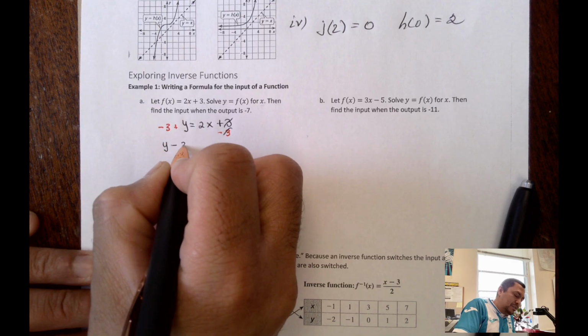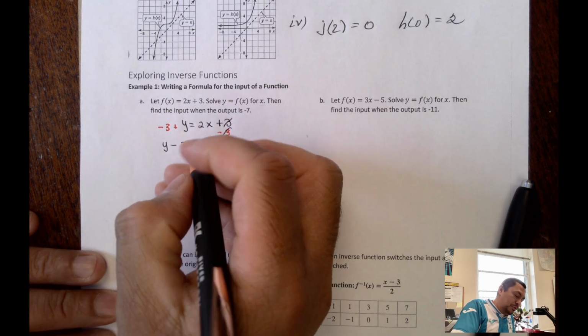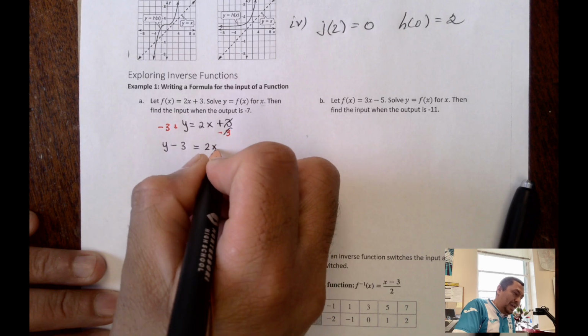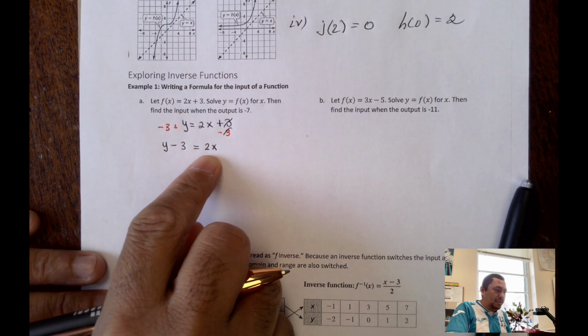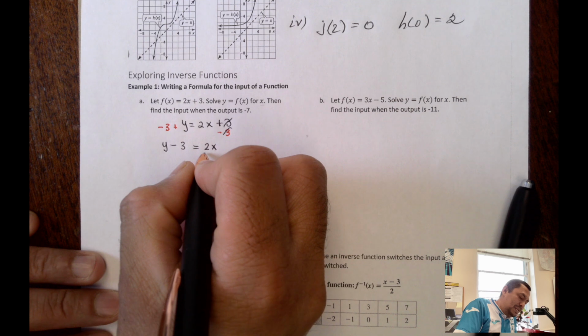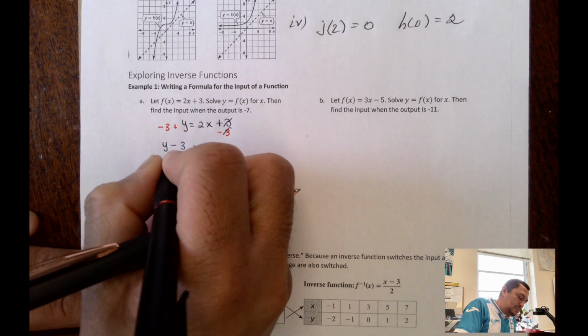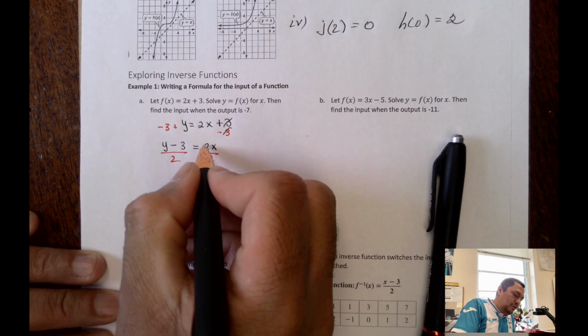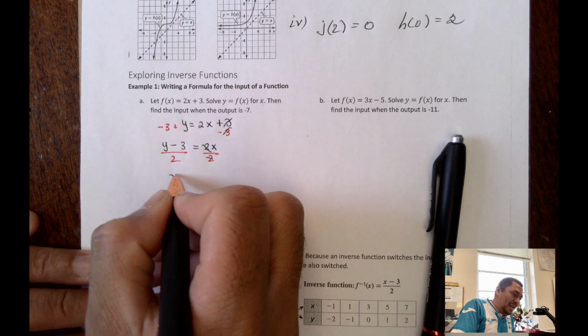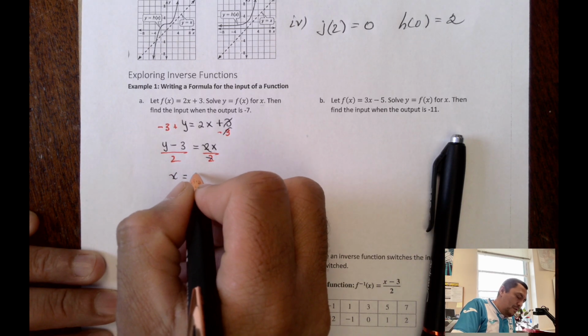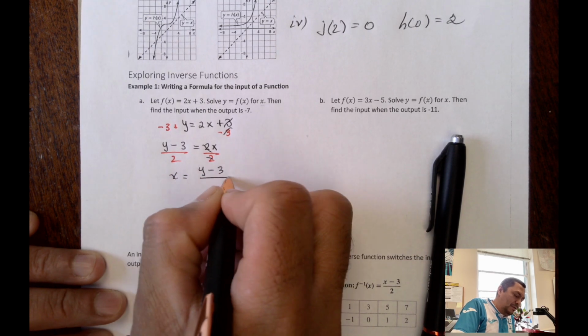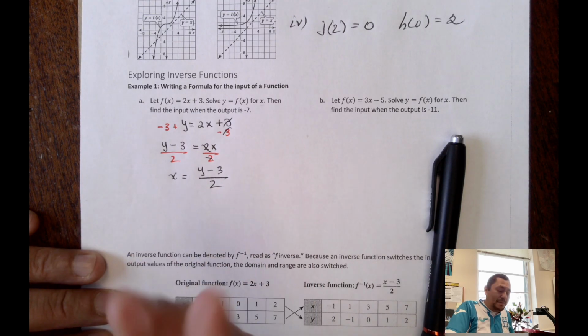Y minus 3 equals 2x. I just switch those two. Now I'm going to divide by 2. These two go away. So I have x equals (y minus 3) over 2.